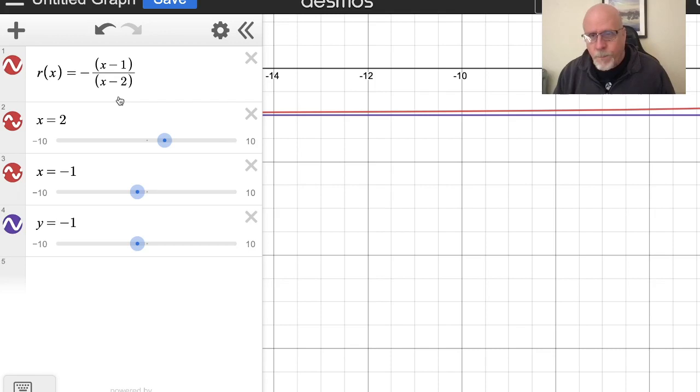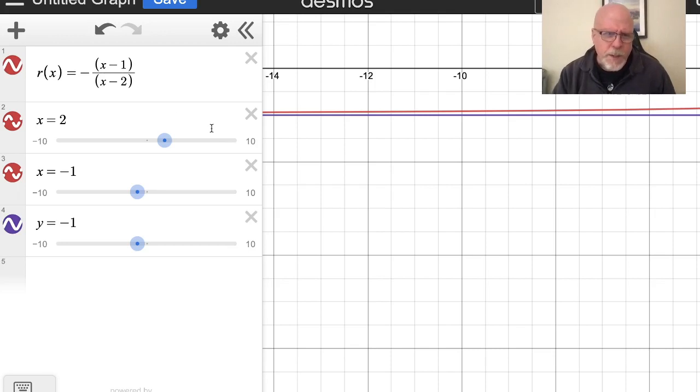And 1,000,000 minus 1 is basically still 1,000,000, and 1,000,000 minus 2 is basically still the same size as a million. So that quotient is essentially a large number over the same large number, and then the minus sign out front makes it -1. That is something you can see pretty quickly if the polynomials involved give you something of approximately the same size.